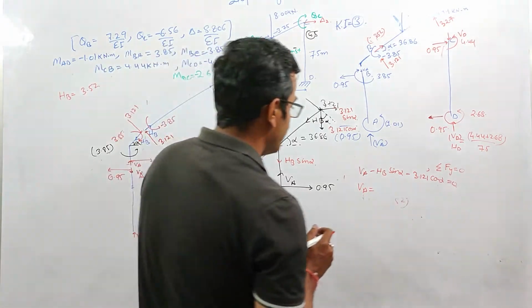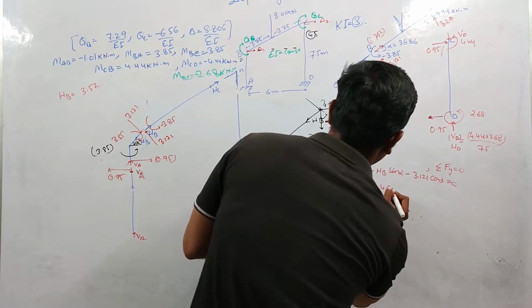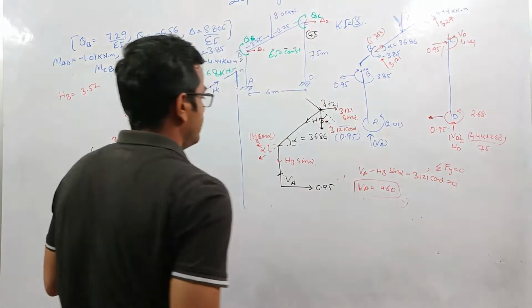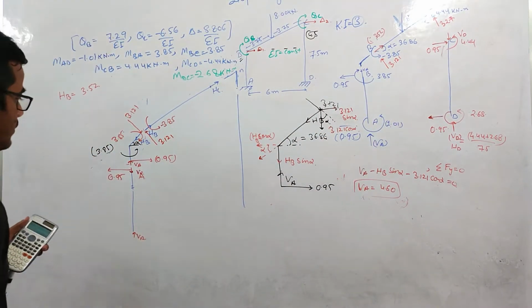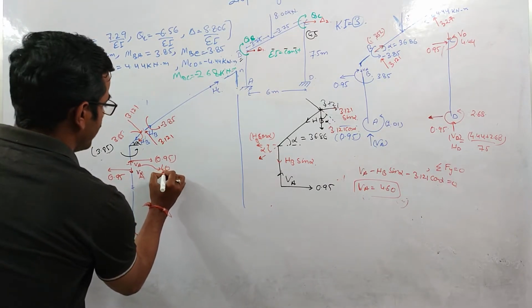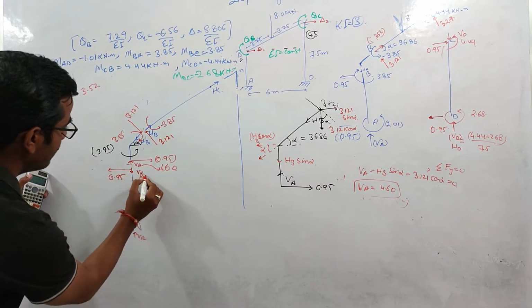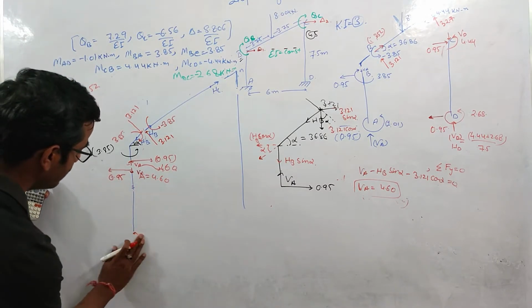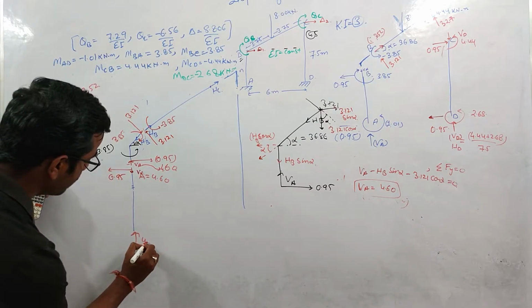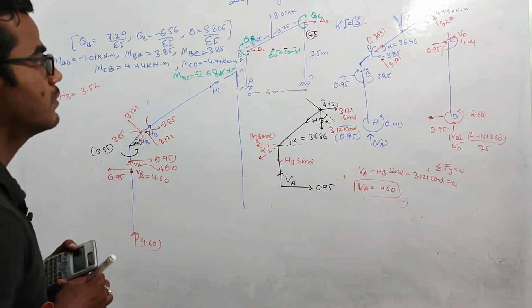This value comes out to be VA equals 4.60. The direction is again positive. So this VA is 4.60, and this VA will also be equal to 4.60. So at the end, this VA force is 4.60.